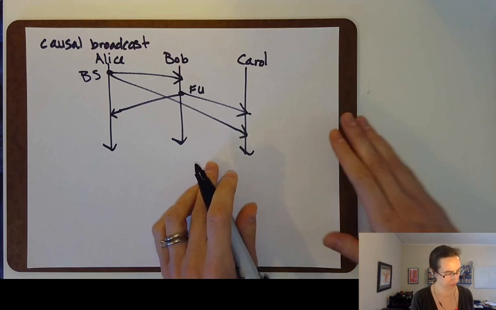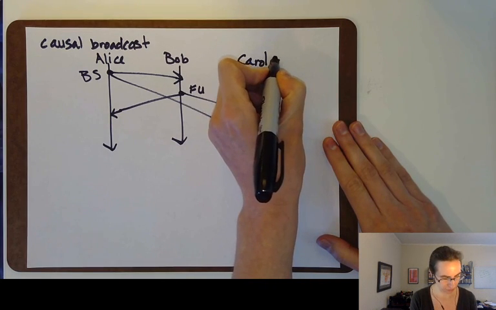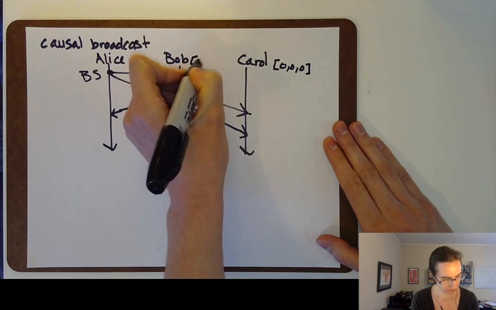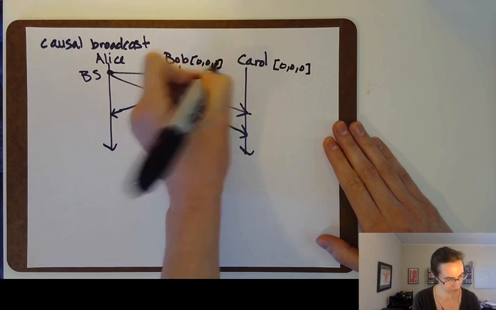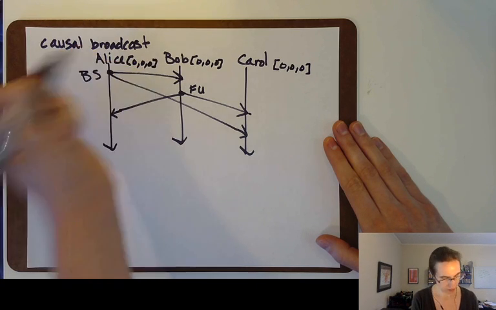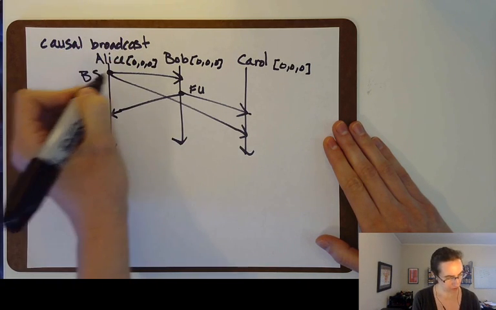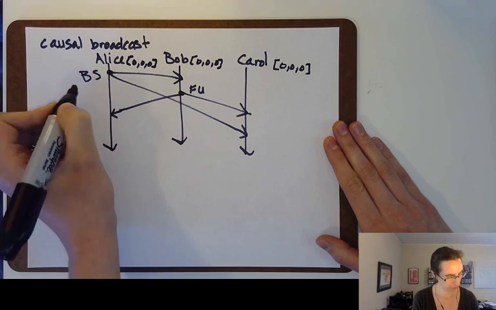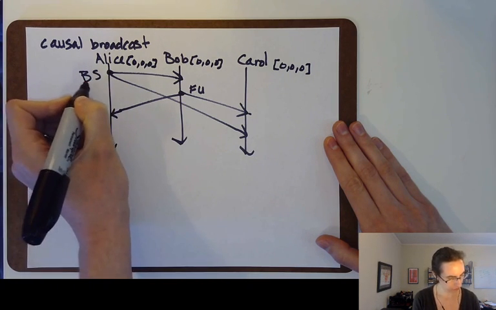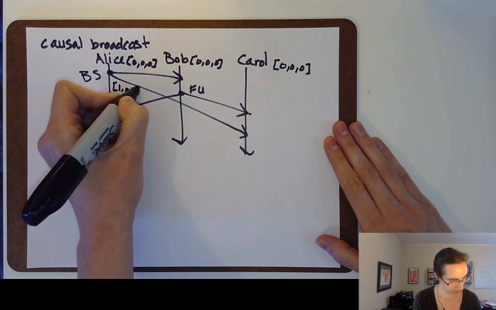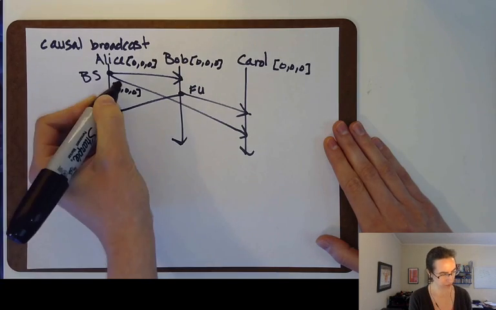In particular, if every process is keeping a vector clock, and then these messages have vector clocks attached to them when they're sent. So for example, this first message from Alice, its vector clock is 100. So it's incremented in Alice's position because this send on Alice counts as an event.